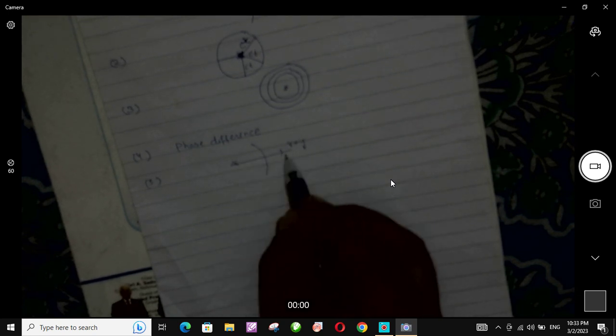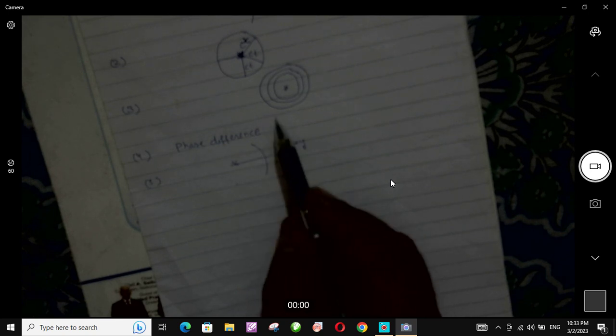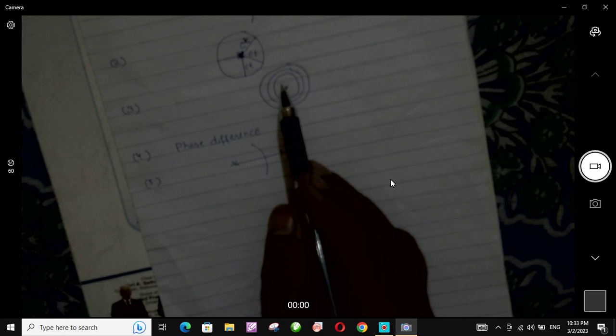So this is the ray of light, and the ray of light is always perpendicular to the wavefront, as we have already said in point number 1.